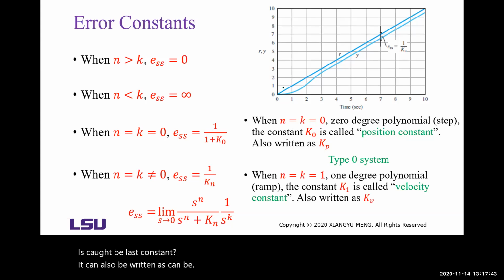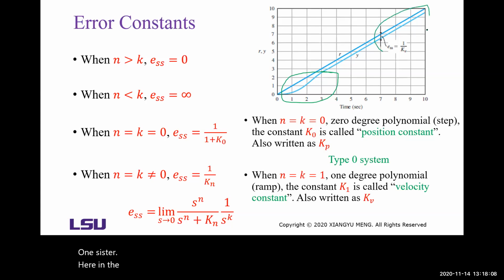This plot shows a reference input. It is a ramp signal. The bottom line shows the output of a type 1 system. Here is the transient response.